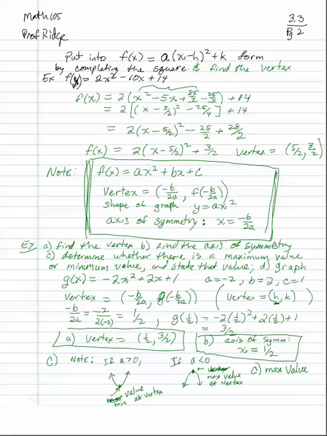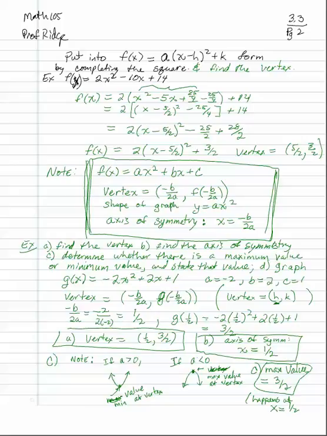And it's going to be equal to the y coordinate of the vertex, which is 3/2. Okay. And so now it happens at x equals 1/2. Okay, so the x coordinate's where it happens or when it happens, and the y value is the max value or the min value, whichever case it is.